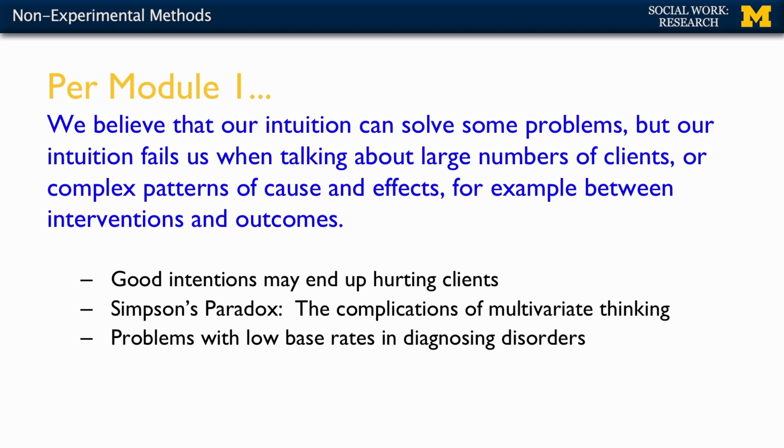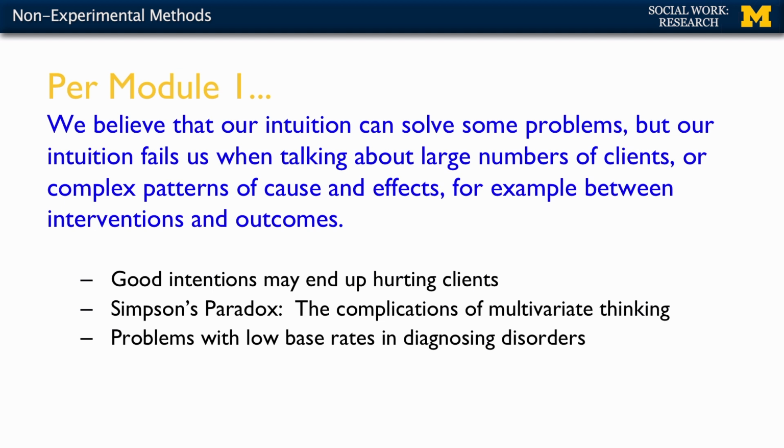We talked about the idea of Simpson's paradox, which was the paradox of multivariate thinking, or complications of multivariate thinking, that our intuition can help us think about the relationship of one thing to another, but when we think about 3 things or 4 things, the patterns of relationships end up being very complex, very paradoxical, and sometimes counterintuitive.